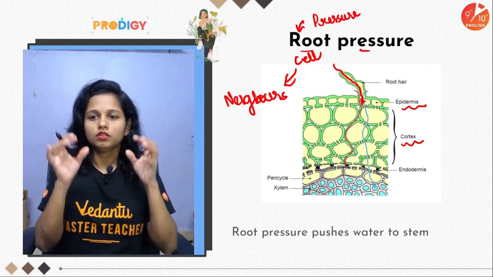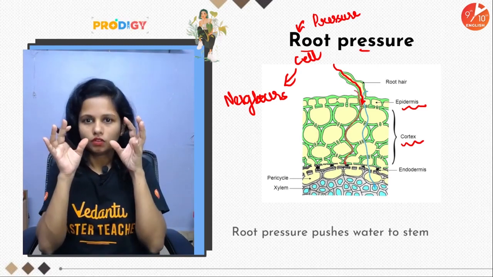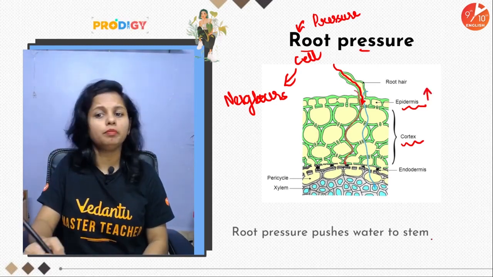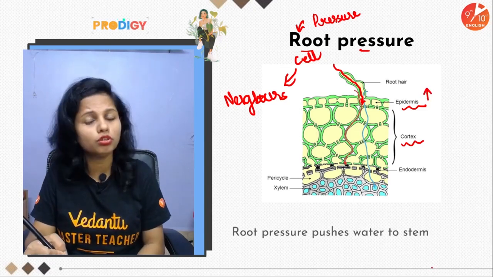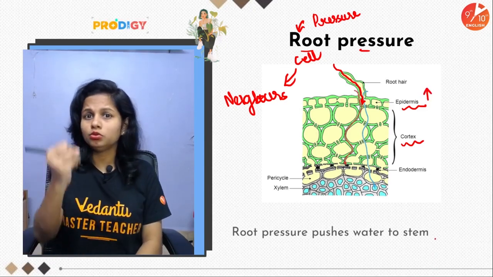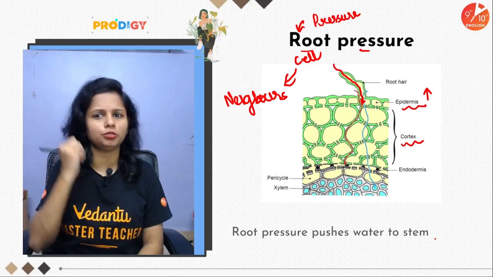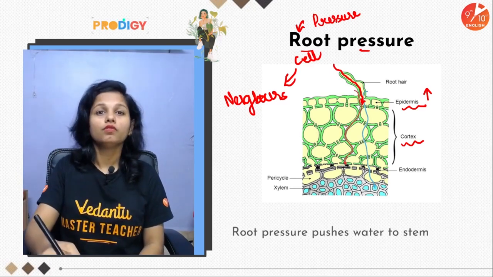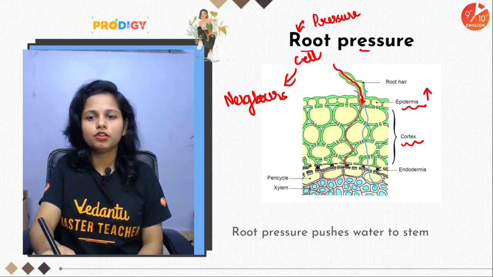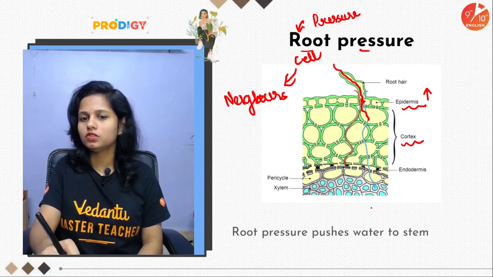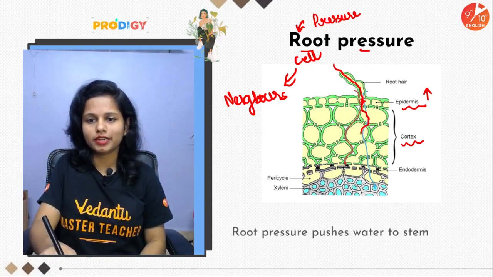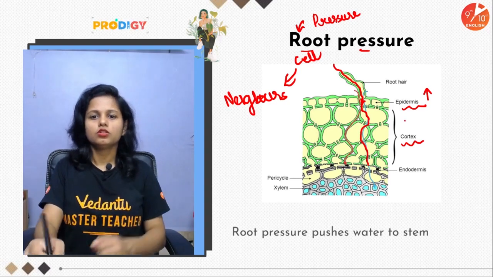The pressure and the concentration is higher in the epidermal cells as compared to the cortex cells, and due to this difference, water and minerals further move into the cortex cells. Cortex cells become turgid, layer after layer.